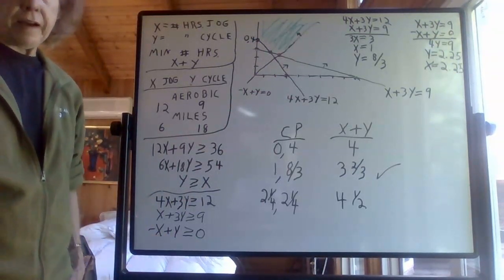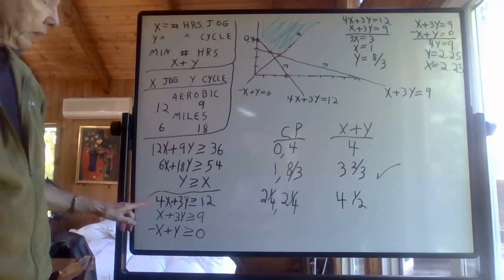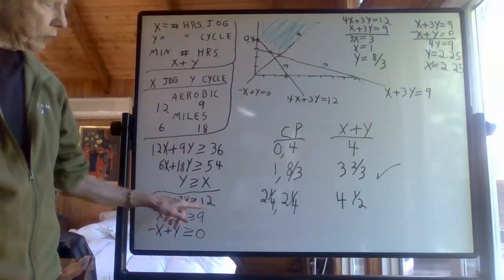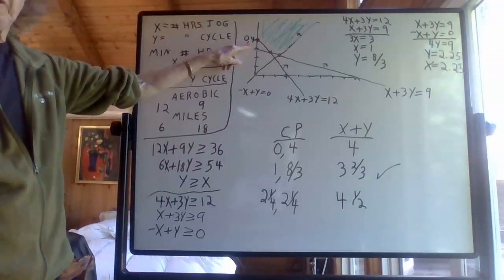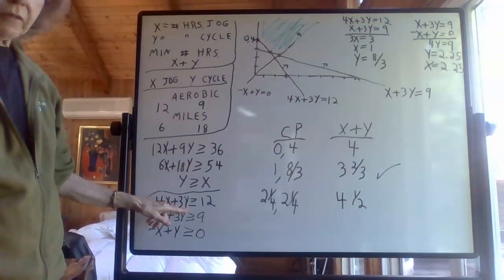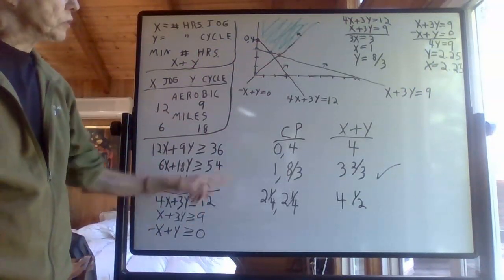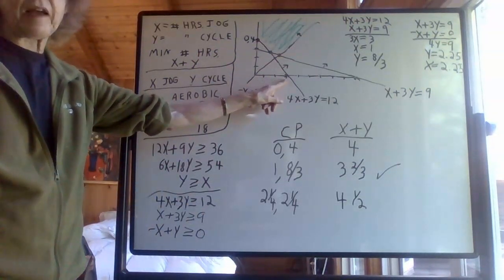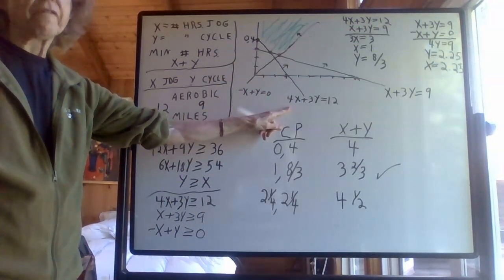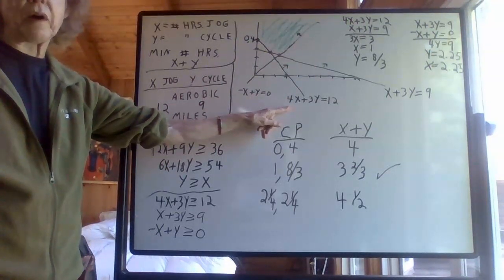Then we make the graph. Here, when x is 0, y would be 3 into 12, 4, so we have 0, 4 here. And when y is 0, 4 into 12 is 3, so it crosses at 3, 0, and that's our line, and we label it 4x plus 3y equals 12.